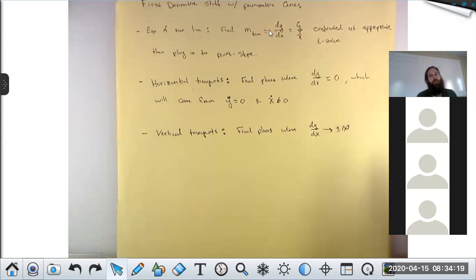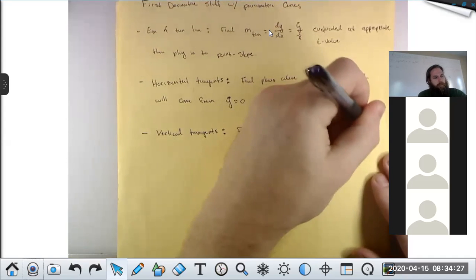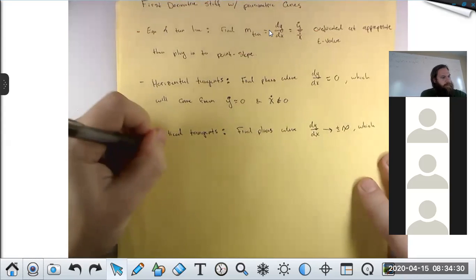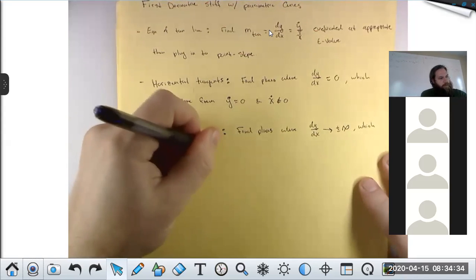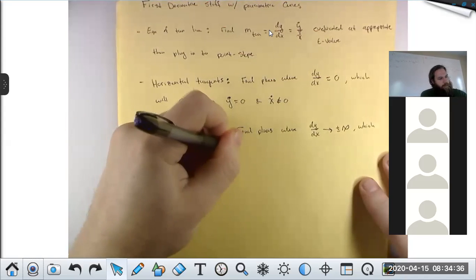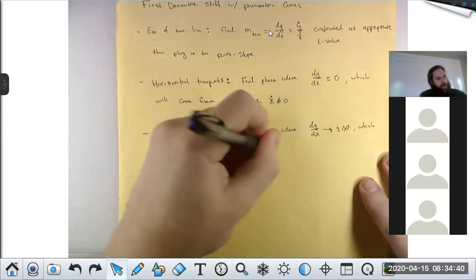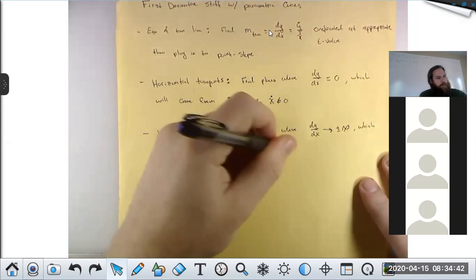Remember, we can think of a vertical line as being a line with infinite slope. And in this setting, that is the nicest way to think of it. And these will come from y dot being non-zero and x dot being equal to 0.